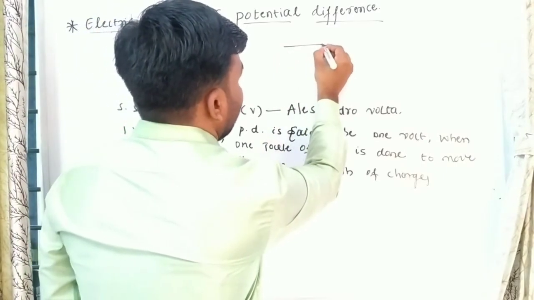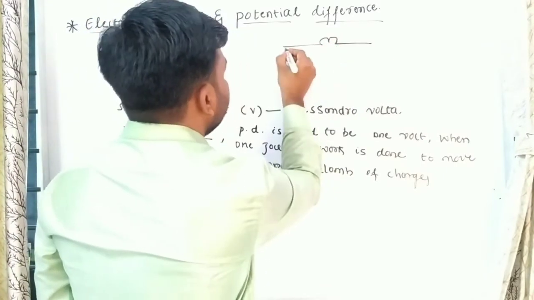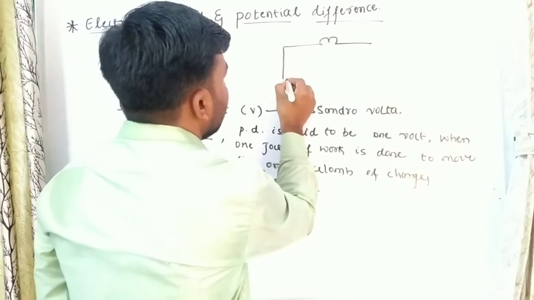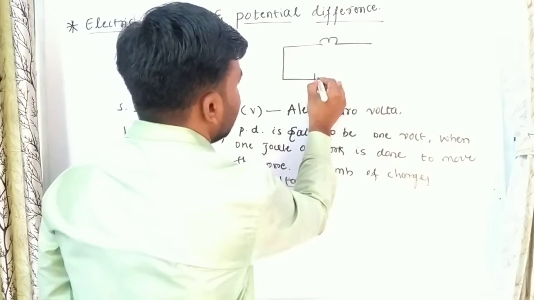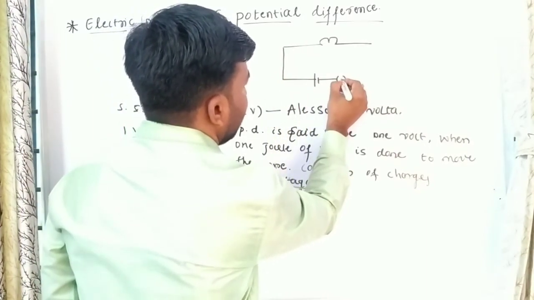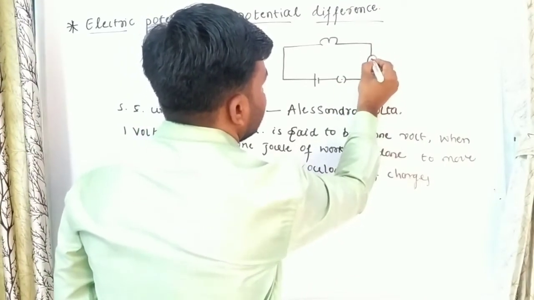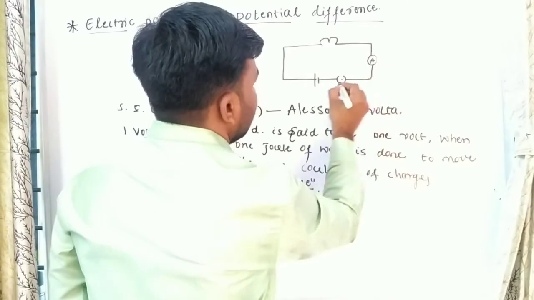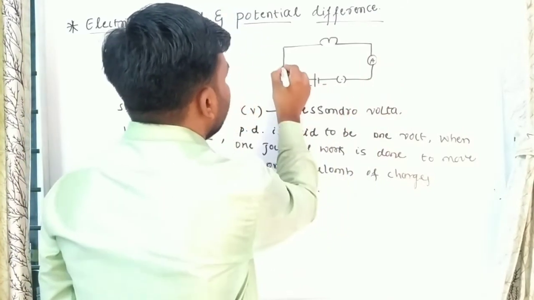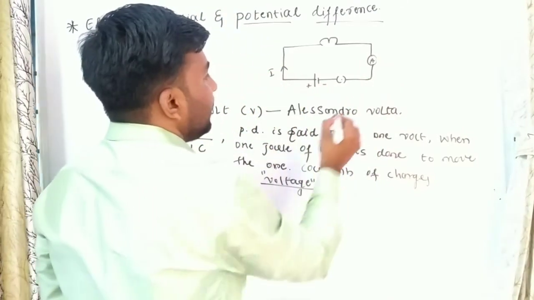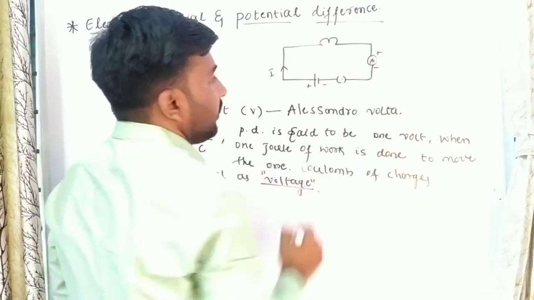Let us suppose that we have the electric bulb, a cell and the plug key, and this is the ammeter. This is the direction of current.